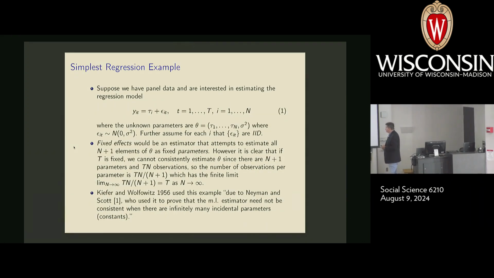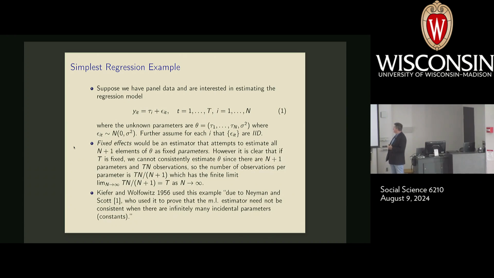Now let's look at the simplest regression model. Suppose y_i is just a very simple scalar observation, equal to a fixed tau_i plus epsilon, where epsilon is normally distributed; that's the random part. Let's think of the tau_i as parameters, so that would be a fixed effects approach. You want to find the fixed effect for every person, and we have panel data.